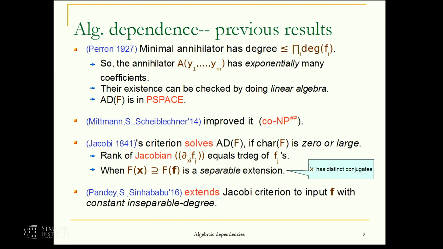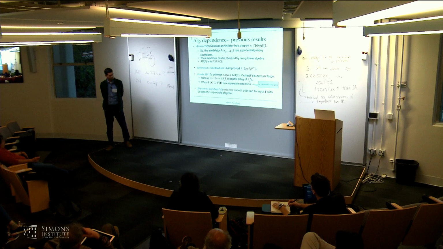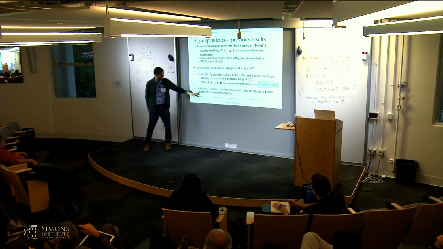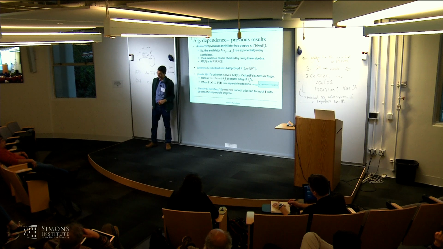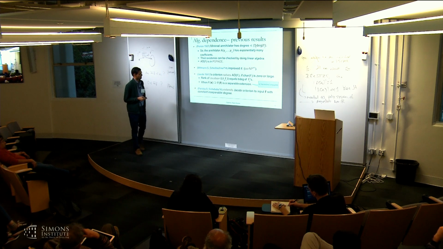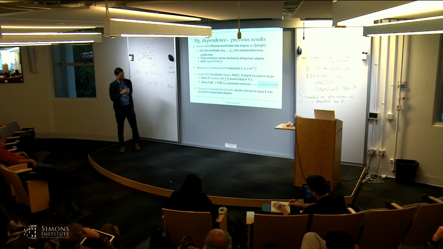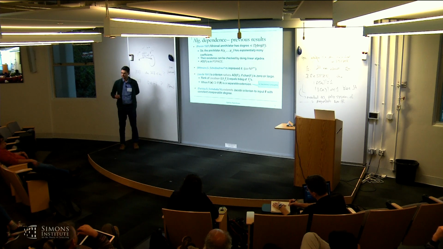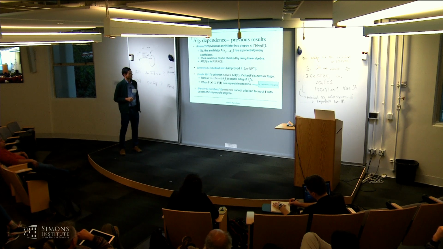It's not a general result, but when the inseparability is only constantly large, there is a smooth extension of the Jacobian criterion. These criteria are polynomial time decidable when the inseparable degree is constant. It basically reduces to linear algebra in some space. You have to make sure that space is not too large.